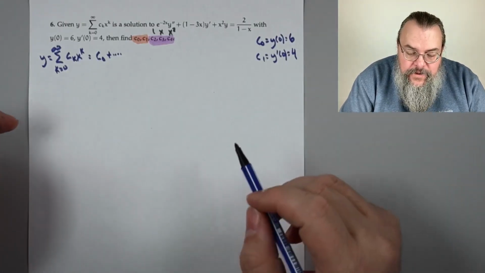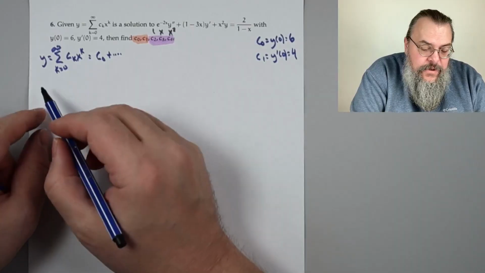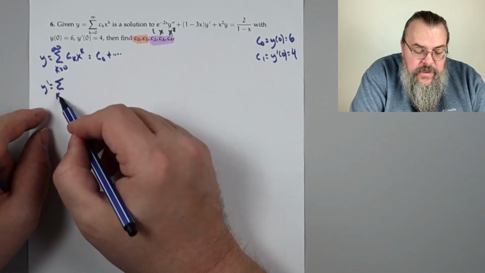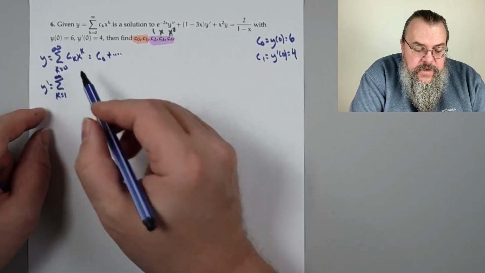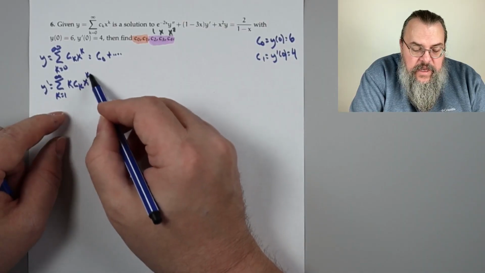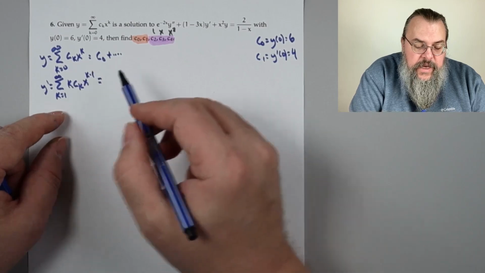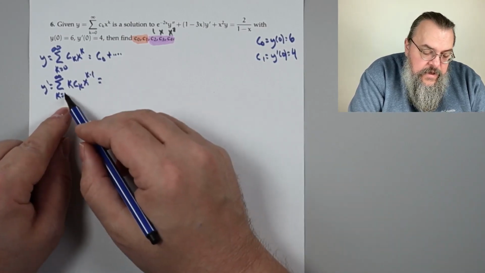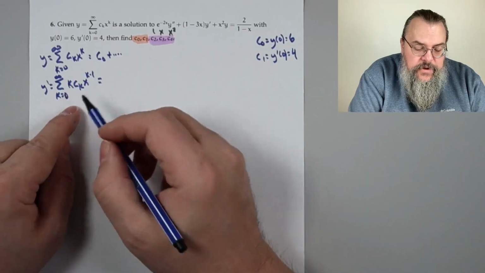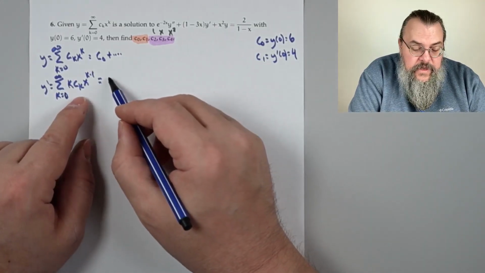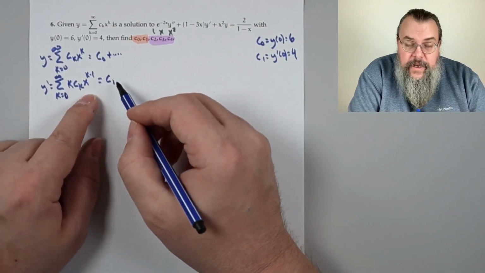All right, what else do we have? We have a y prime. Cool. y prime, well, that's our sum, k equals 1 to infinity of k ck x to the k minus 1. Now that's equal to, well, plug in 1, you get c1, x to the 0.